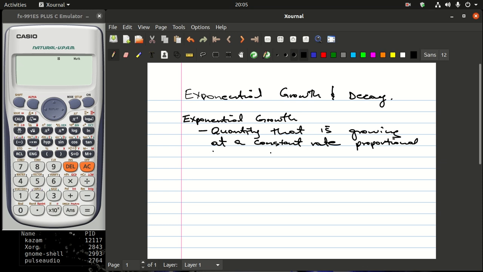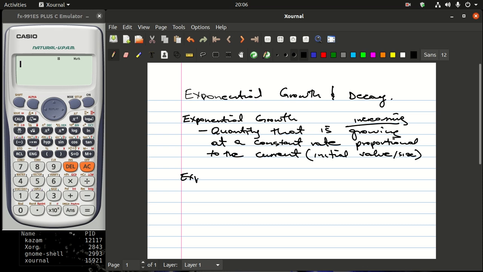It is growing at a constant rate, and that rate is proportional to the current, or let me just say initial, value or initial size. So we have this quantity, and it is growing at a constant rate, proportional to the size. I can say growing or increasing. That's what is important here.